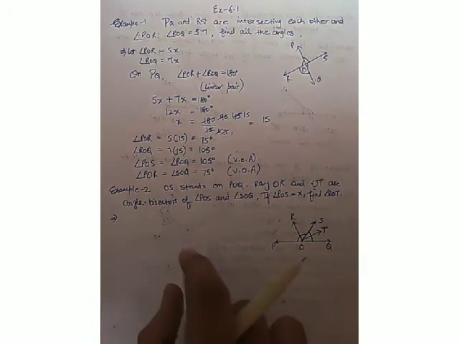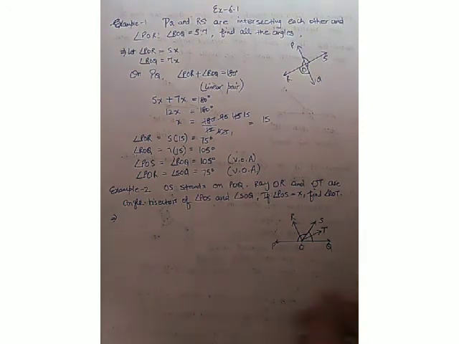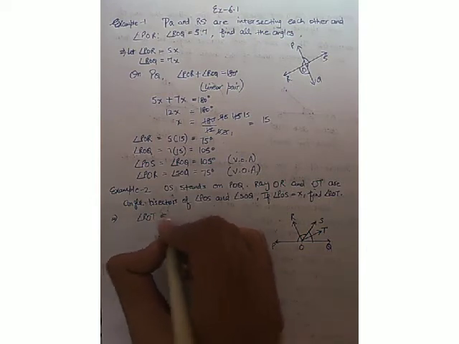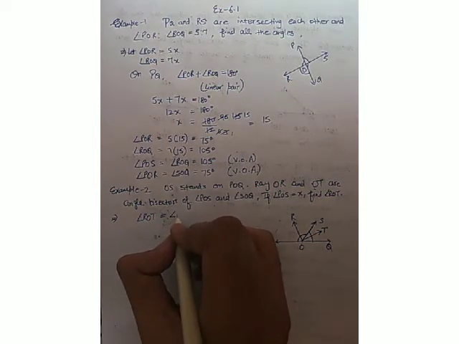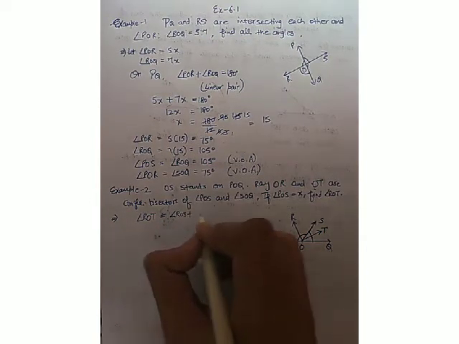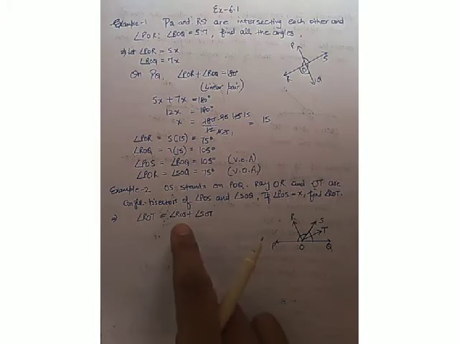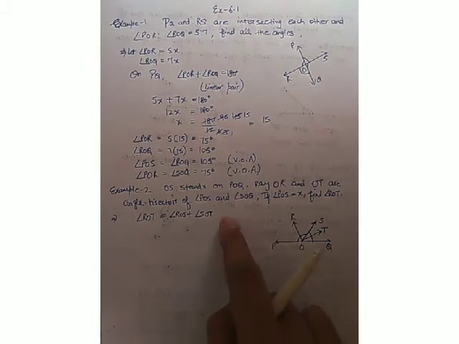I'm not writing them, but you have to write before starting any sum in geometry. So first of all, angle ROT is equal to angle ROS plus angle SOT. I'm writing this so that you will know what we have to find. We have to find ROS and SOT.